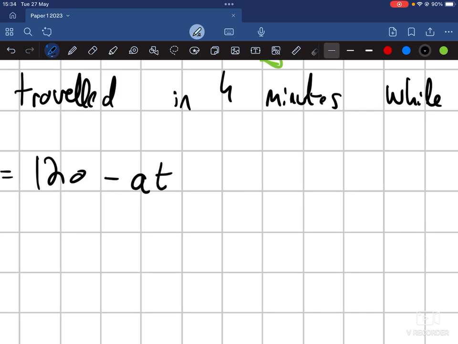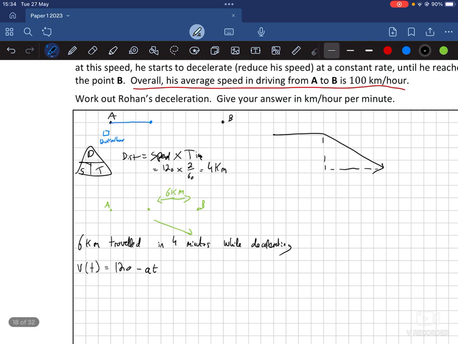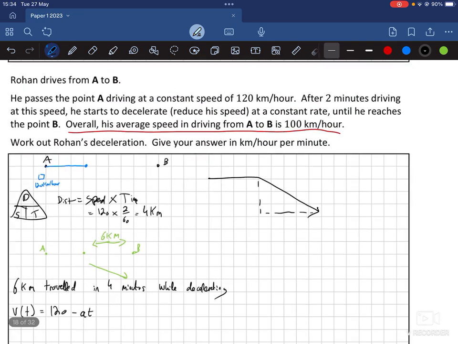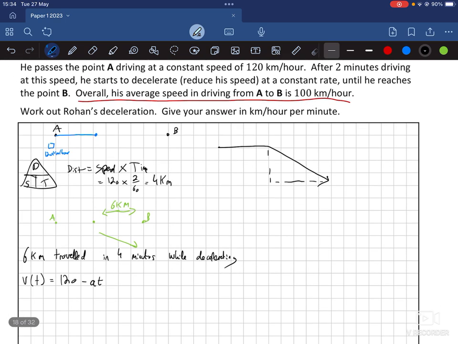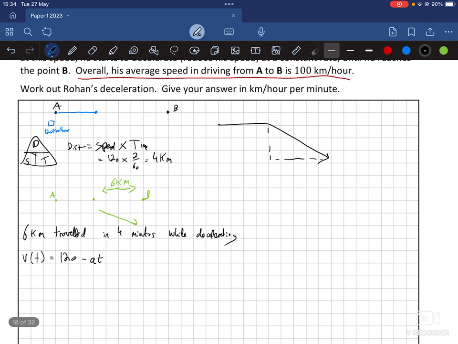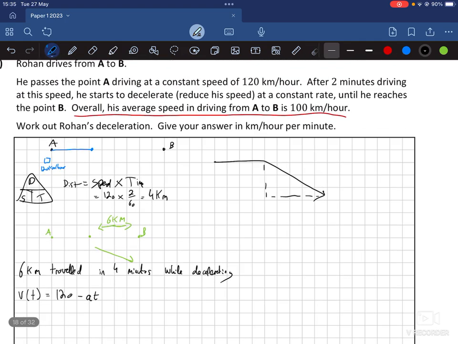Minus his acceleration, or his deceleration, I guess. Yeah, I think that's right. And now what I'm going to have to do is integrate this.